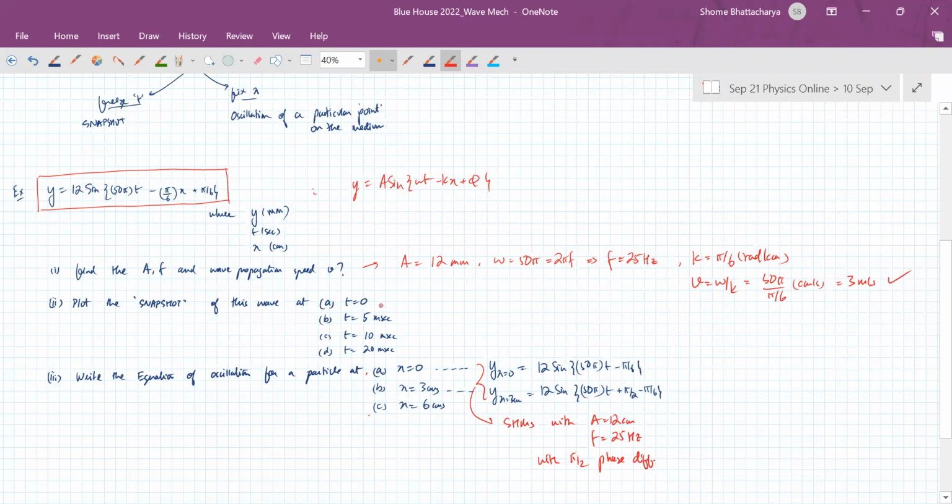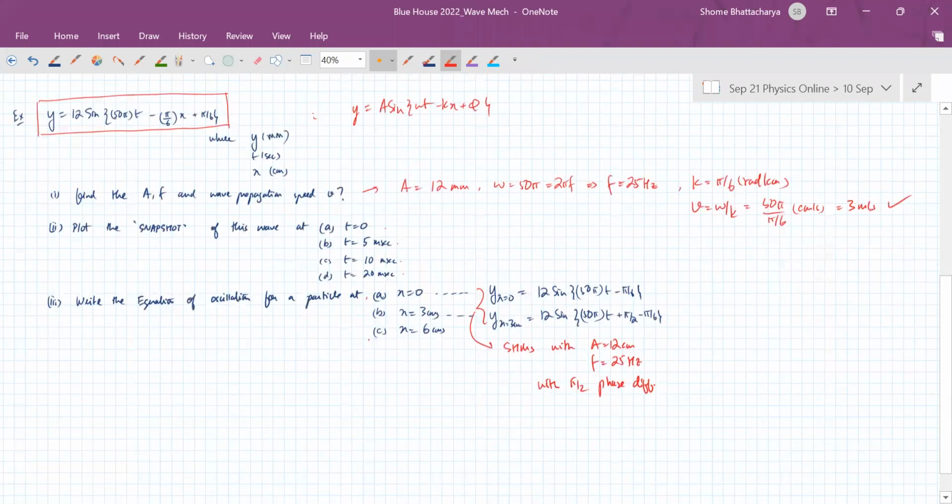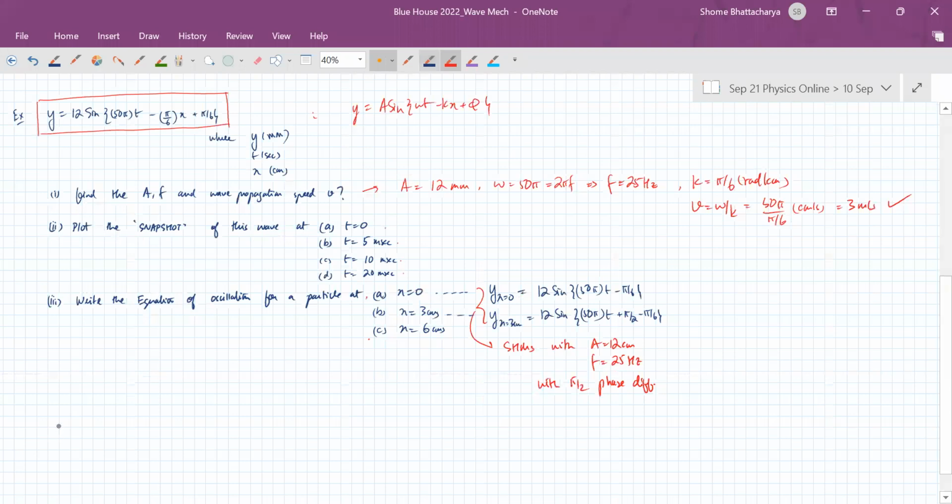Now let's concentrate on the snapshot picture at various different times. Let's look at this concept again. So y at t equal to 0, the snapshot picture at t equal to 0 was 12 sine of minus pi by 6 x plus pi by 6.